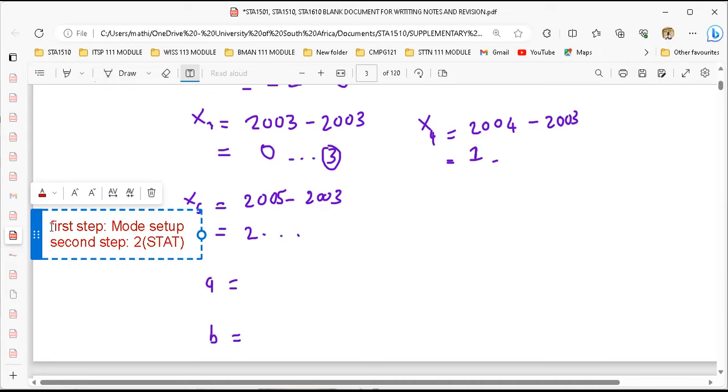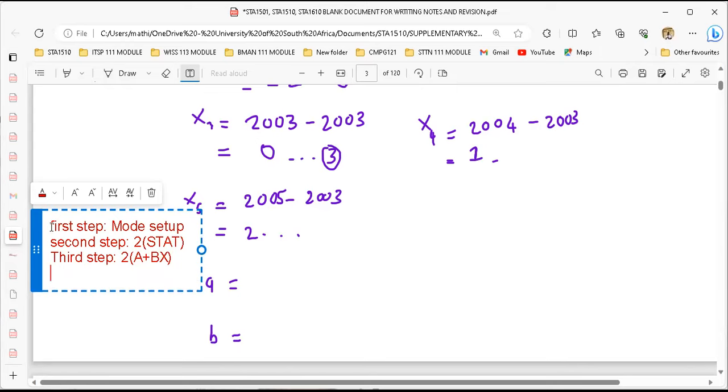And then third step, you press that option 2, which is state. And then you'll see 8 options, but your focus is on option 2, which is a plus bx. And then just press that option 2.